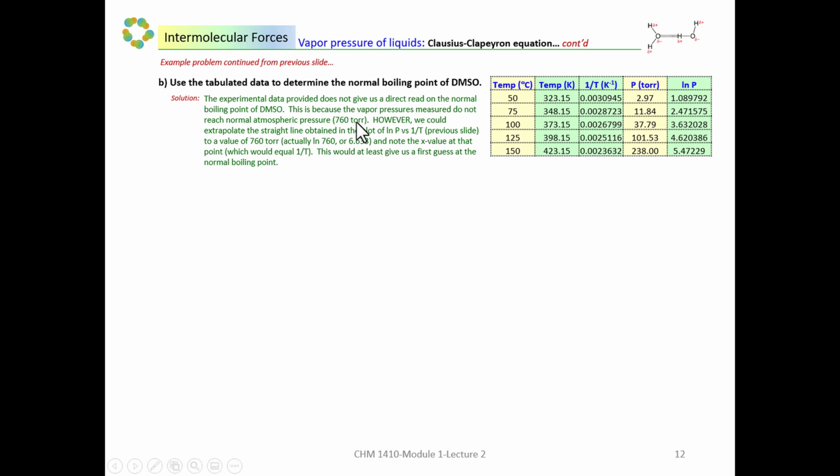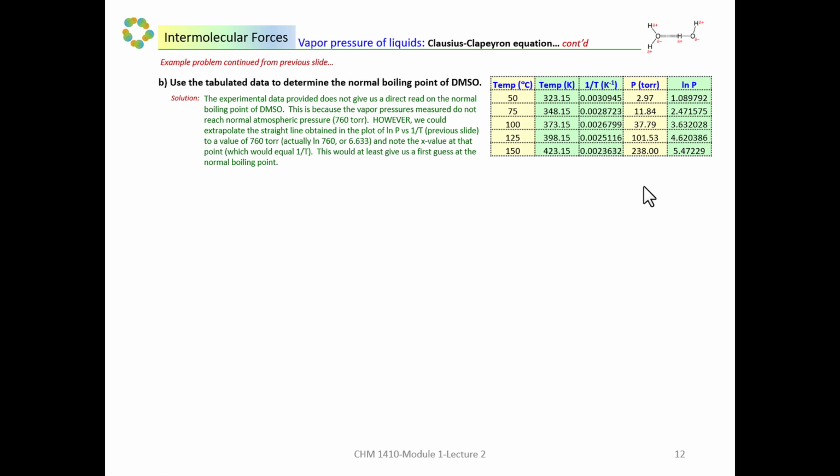Well, we have a problem here in that our data, even at 150 degrees C, the vapor pressure of DMSO has only reached 238 torr. So we don't know what temperature we need to heat the DMSO to for its vapor pressure to equal normal atmospheric pressure, or 760 torr.